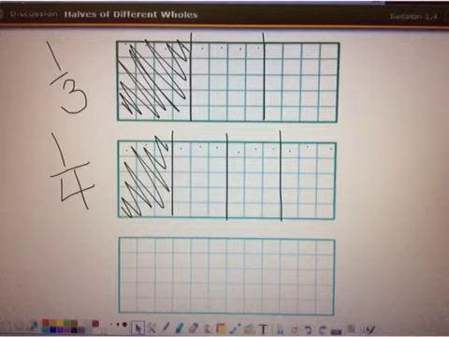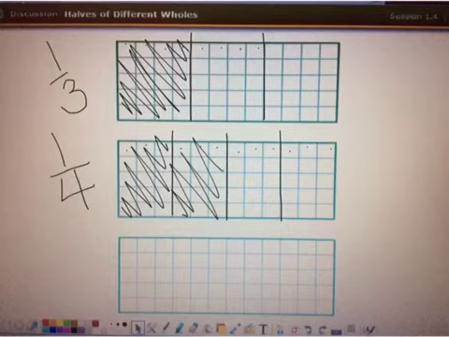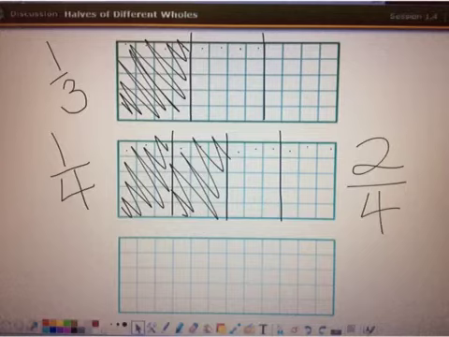Now, if I wanted to make 2/4 instead of 1/4, then I would just, of course, shade in another one of my 4 boxes so that my numerator 2 matches the 2 that I've shaded in.